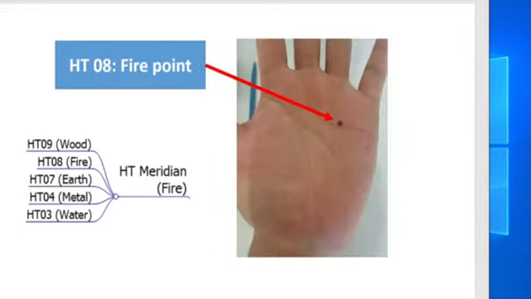Next one is the heart meridian fire point, HT8 here. It is usually on the line, but not exactly all the time. How to find this point?